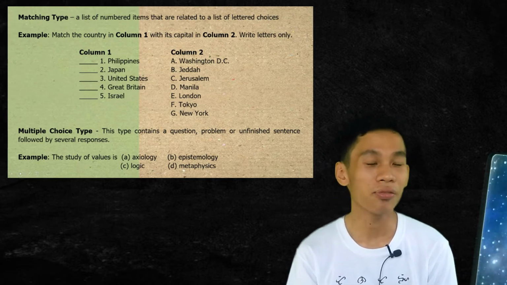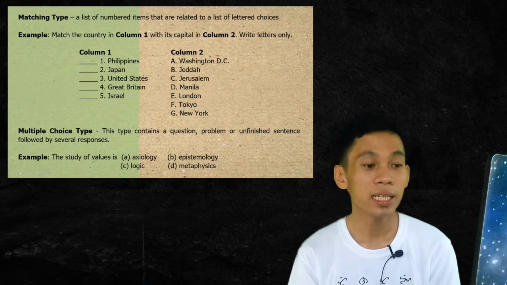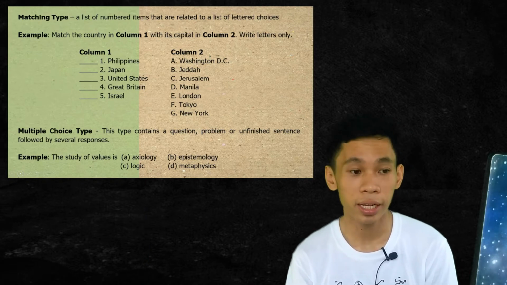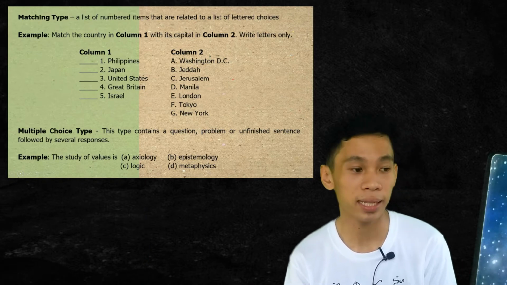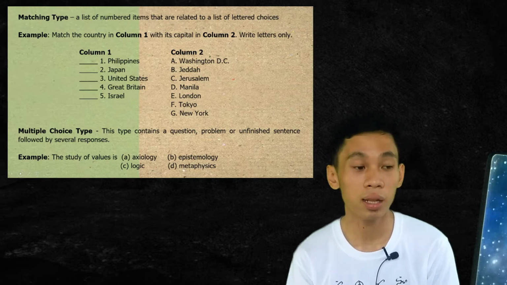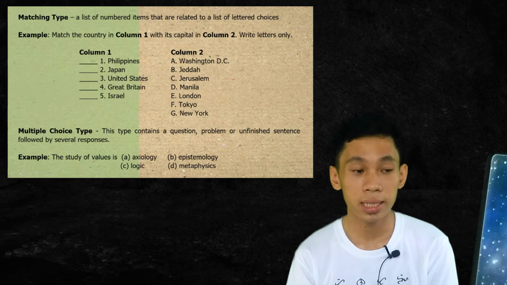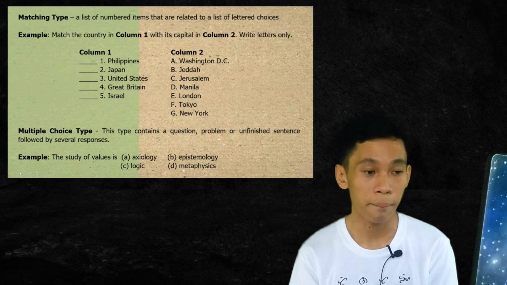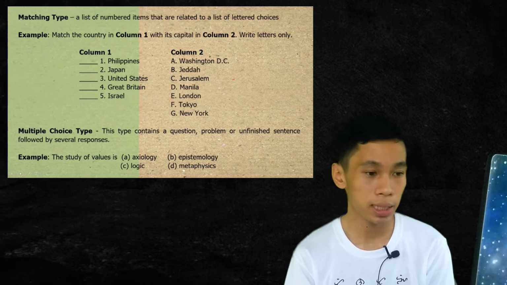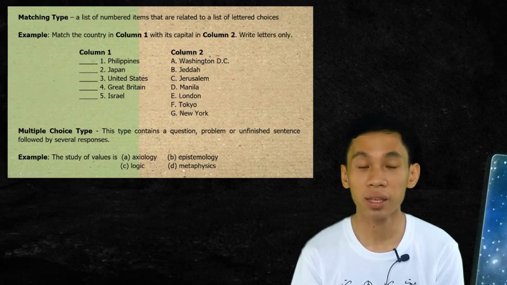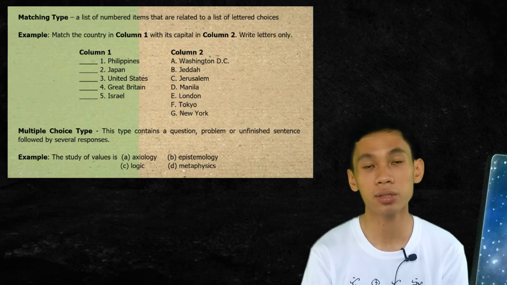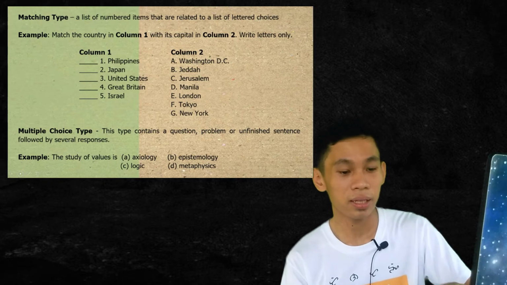I know you are all familiar with this also. This type contains a question, a problem, or unfinished sentence followed by several responses. Example, the study of values is A, axiology, B, epistemology, C, logic, D, metaphysics. So, pipili lang dito si student ng sagot. Okay?